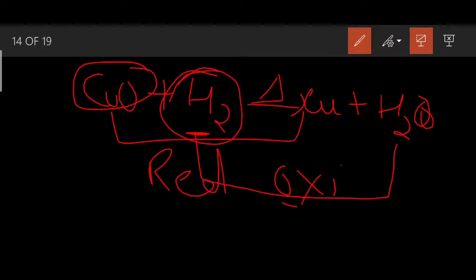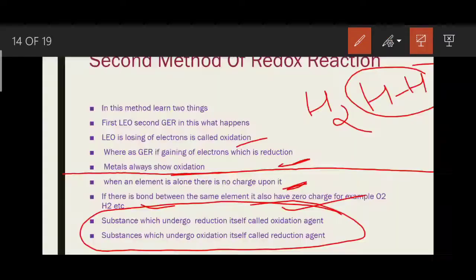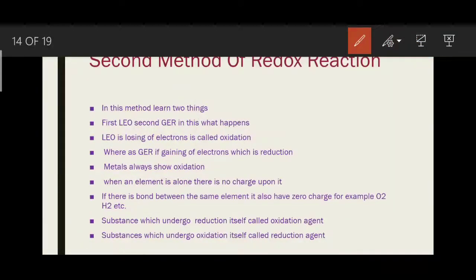So now in words, please see, substances which undergo reduction themselves are called oxidizing agents, and substances which undergo oxidation themselves are called reducing agents.